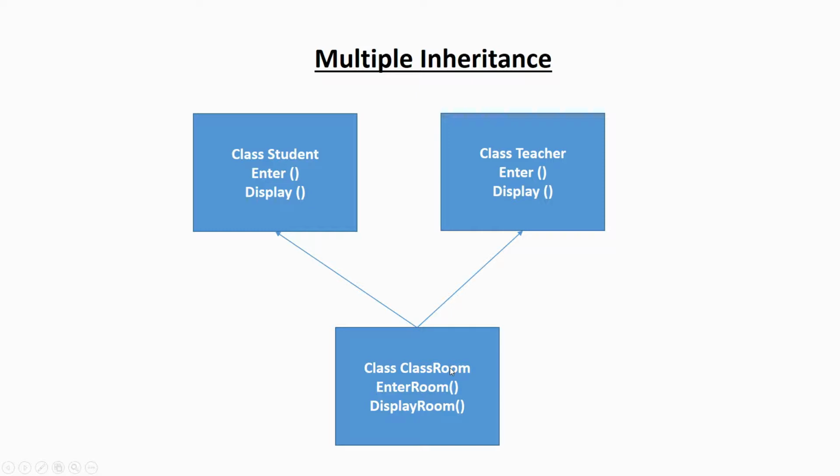So if I say a dot enter, which function will get evoked? Will it evoke the function of class student, or the function of class teacher? This is what we need to understand.